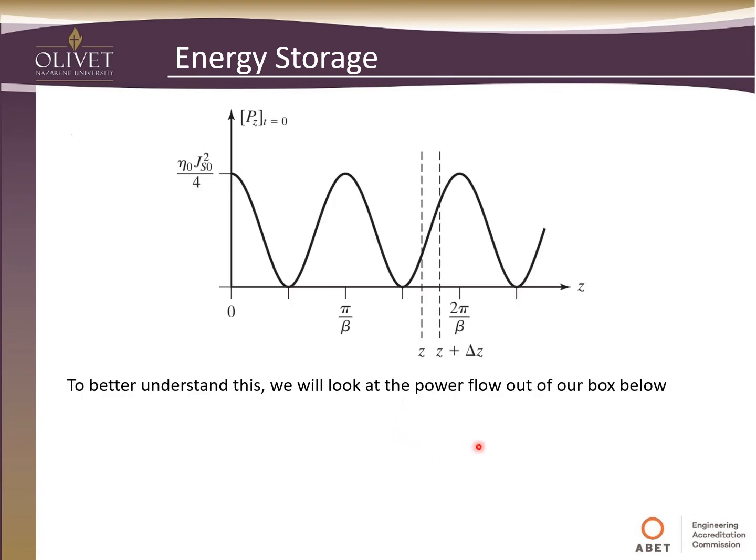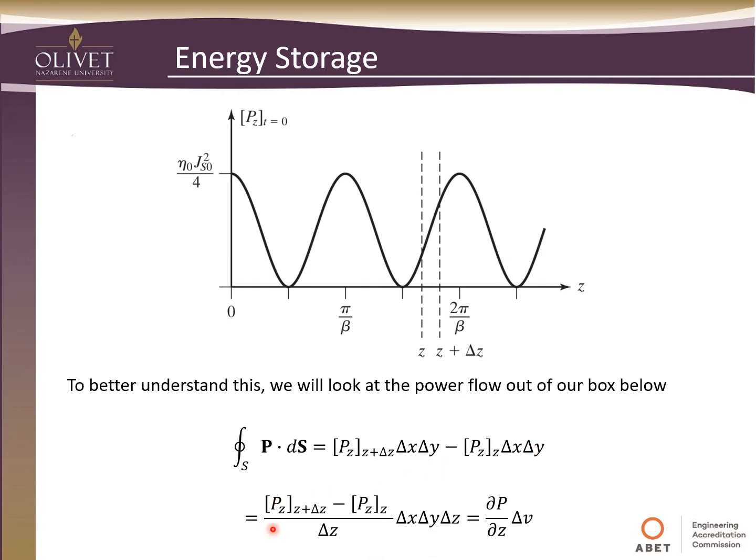To better understand this, we'll look at the power flow out of our box below. So we have this integral of the Poynting vector over the surface, and so we have the Poynting vector evaluated at z plus delta z and at z, the difference between those two.